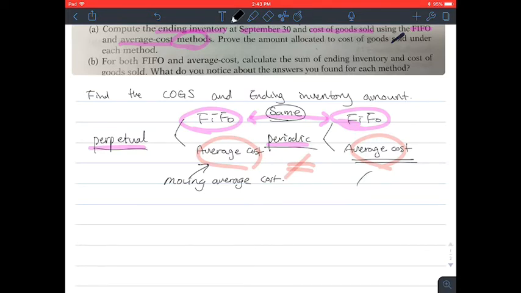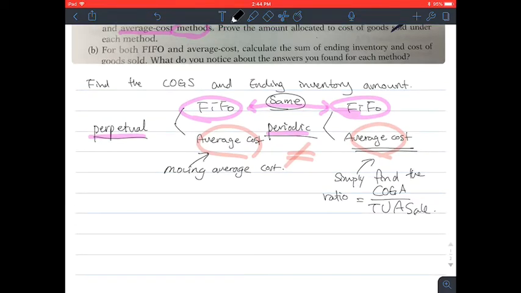available for sale. This is simply finding the cost ratio by doing this, total cost over total units available for sale. Okay, so if the question asks you to do perpetual and periodic FIFO, they are basically the same thing, so you should not worry much.